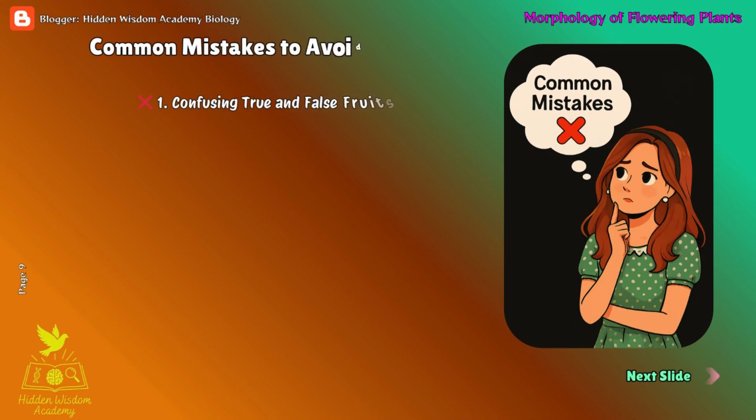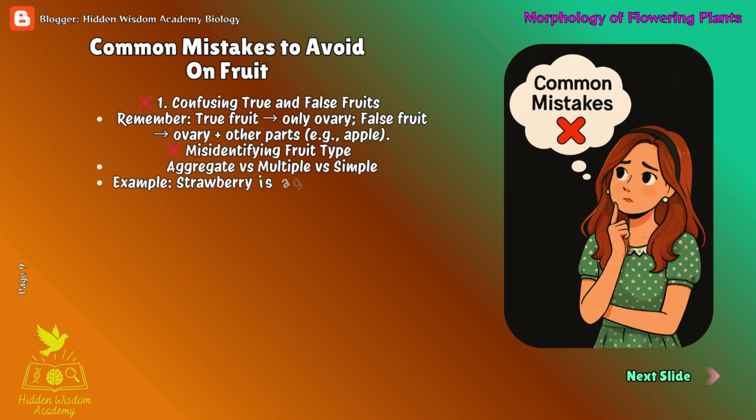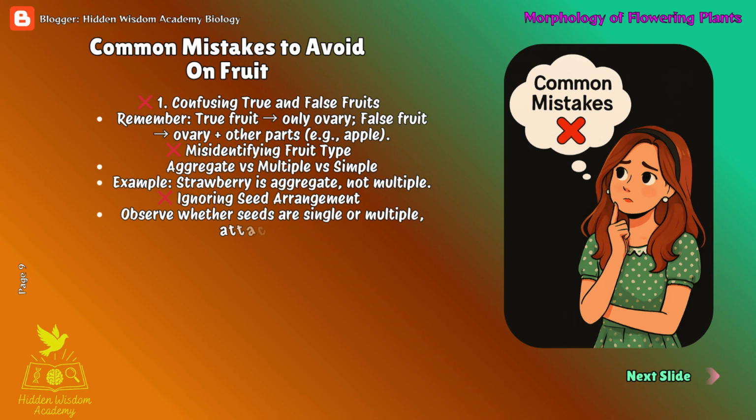Let's see some common mistakes students often make while studying fruit anatomy. First, confusing true and false fruits. Remember, true fruits come only from the ovary, while false fruits involve other flower parts. Second, mixing up fruit types. For example, strawberry is an aggregate fruit, not a multiple fruit. Third, ignoring seed arrangement.